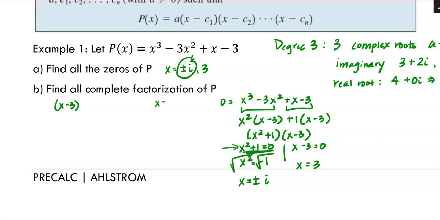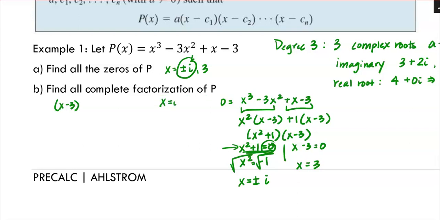What I could do is set x equals i and x equals minus i. And when we did this, we set it equal to 0. We had the right-hand side equal to 0. How do you make that right-hand side equal to 0? When we move this plus i to the other side. It's kind of getting messy. I'm going to redo this.